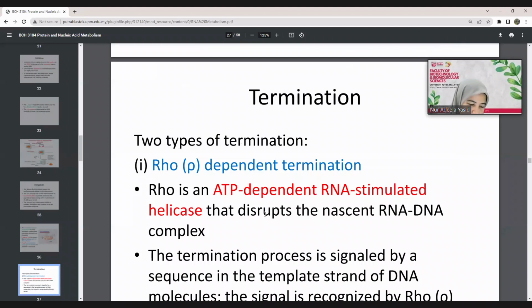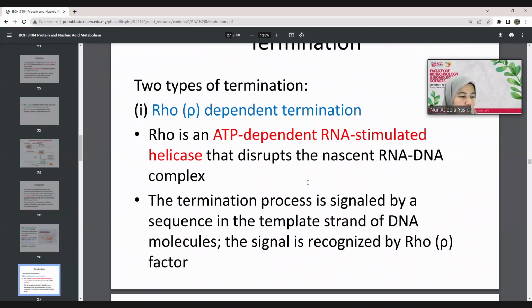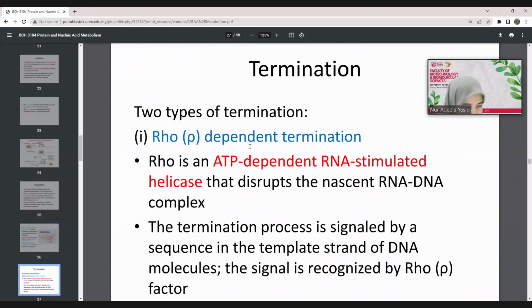Now that we have synthesized mRNA, we need to tell the enzyme to stop. There are two types of termination signals: one is rho-dependent termination, and the other is rho-independent termination.